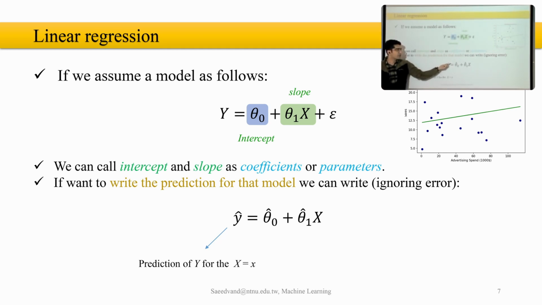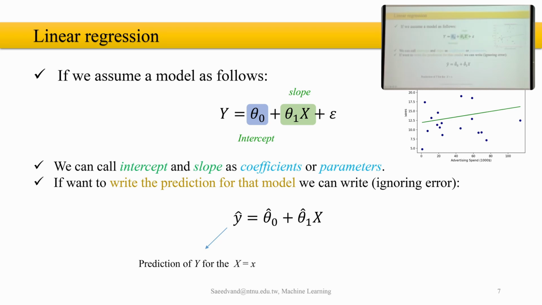So y hat is equal to theta 0 hat, the predicted value for this parameter, plus theta hat 1 times x. And we usually don't show the error there because we said that it is not reducible. We cannot do anything with it, since it is the irreducible error, the dataset error itself.